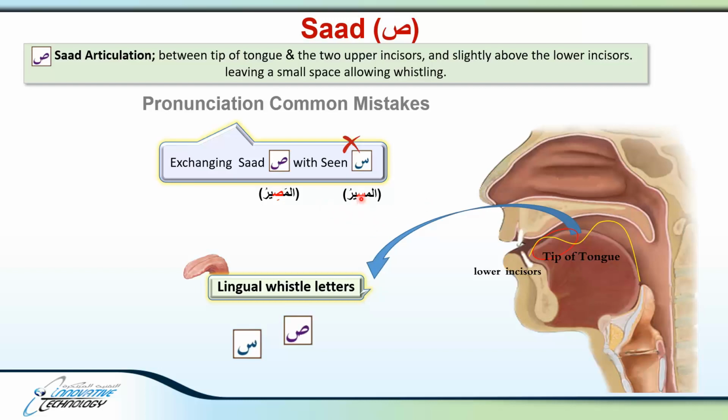Replacing the sad with a sin has totally changed the meaning of the word. So it is wrong to say al-masir. The proper way is to pronounce it with a sad. Al-masir, sad, os, not s, os.